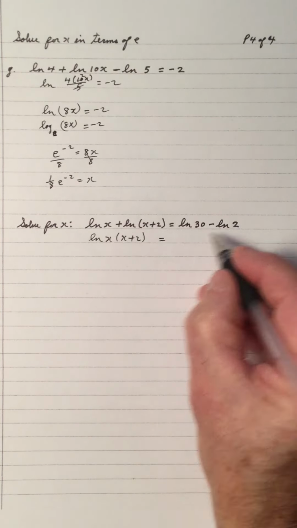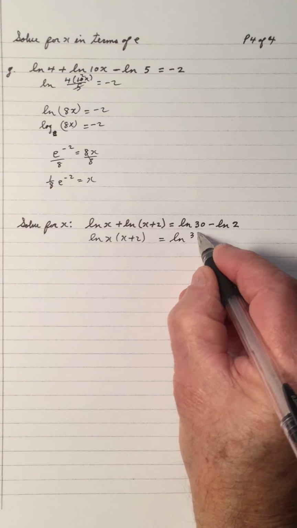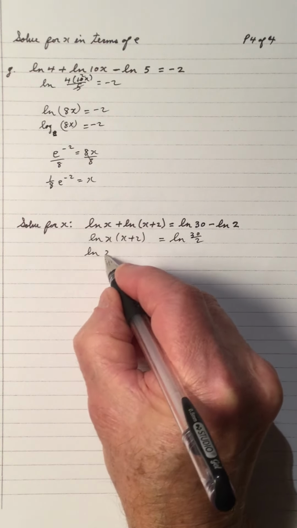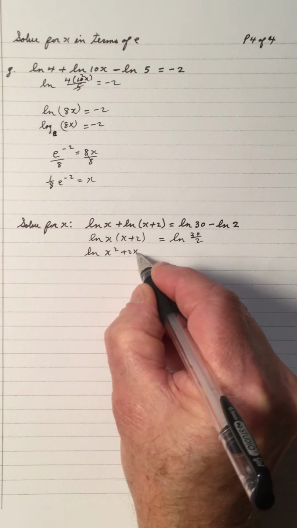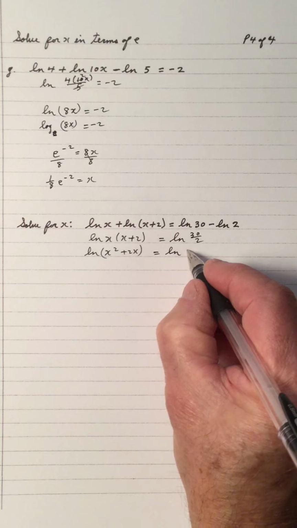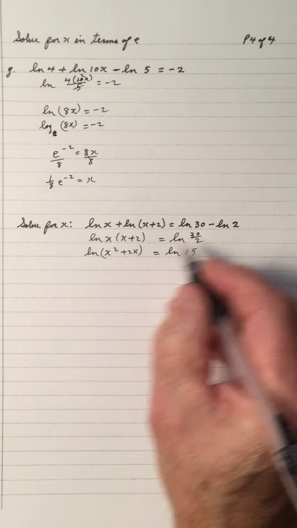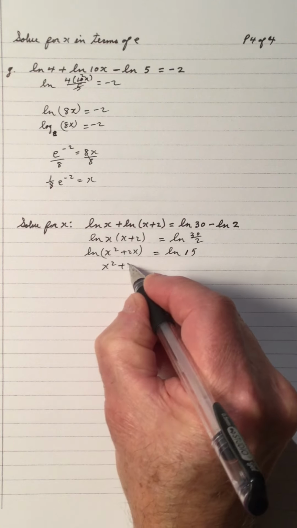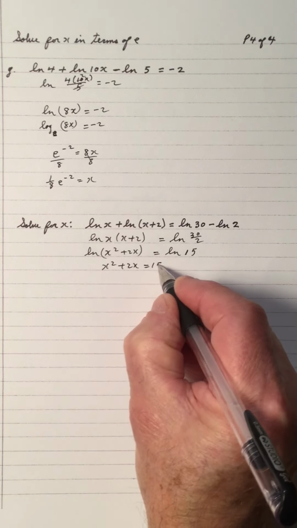The subtraction of two lns is the ln of the quotient, or division. So this is the ln of x squared plus 2x. And this is the ln, 30 divided by 2 is 15. Since I have the ln on each side, we have x squared plus 2x is equal to 15.